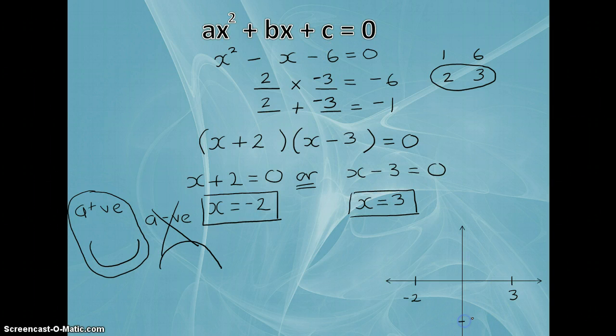So we cross the y-axis at minus 6. I now know what it's going to look like, a happy curve. I know the 3 places where it will cross. And now you're going to make a sketch of the quadratic equation to look something like that. And that's how we factorize quadratic equations, solve them, and then finally sketch them.